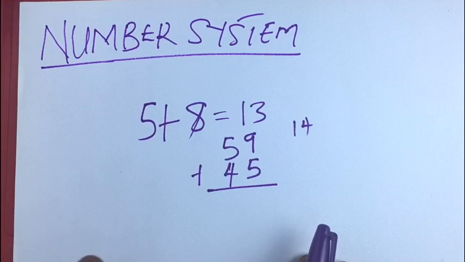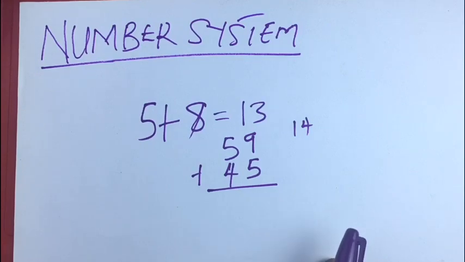Now what number system is all about is to guide you, or to have a general rule of adding, subtracting, multiplying and division of numbers. So under number system, we have several number systems, numbers that are within 1 to 3, 1 to 4, 1 to 10.